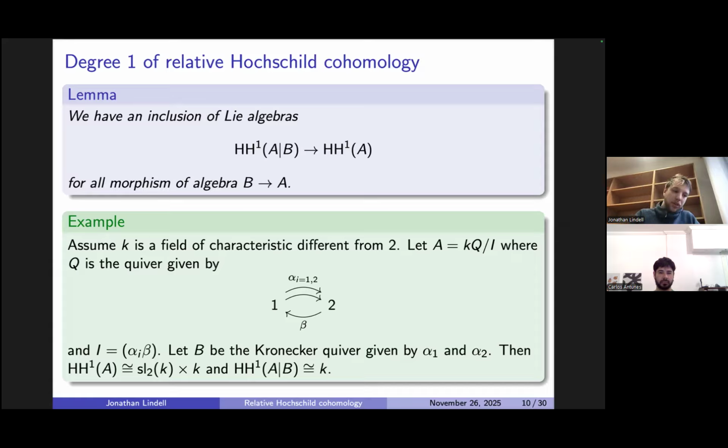So this was the first thing we looked at: can we understand when we get solvability of the relative.